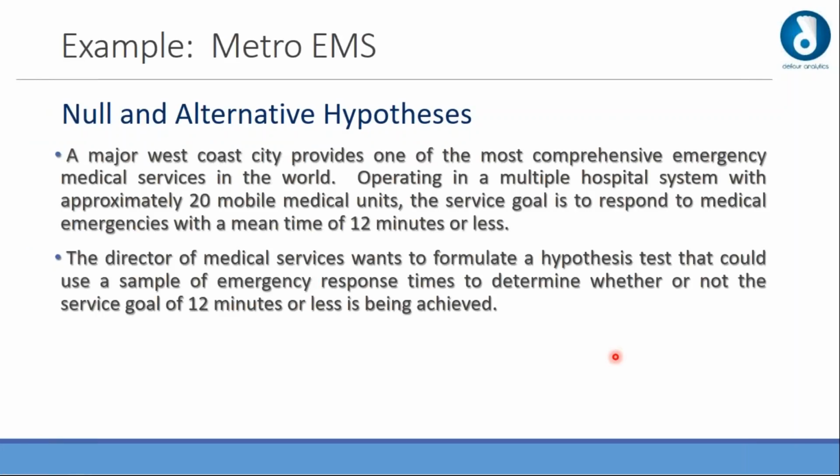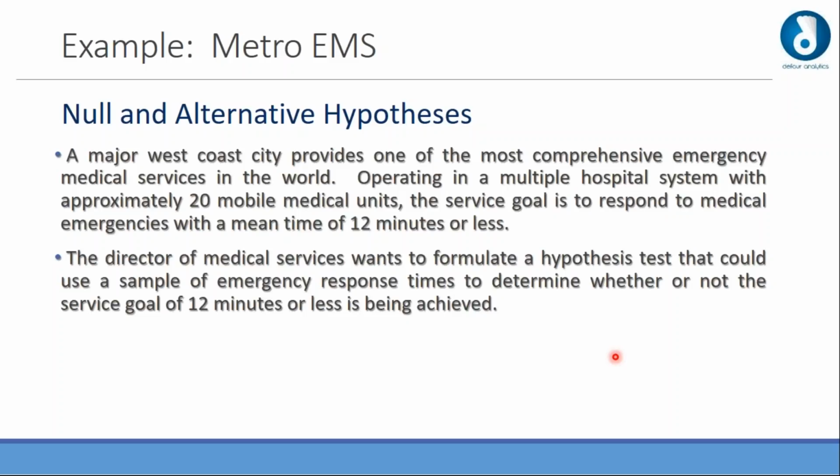So let's take an example where we'll be trying to develop null and alternate hypothesis. It's a major West Coast city which provides one of the most comprehensive emergency medical services in the world. So it is a hospital system. It operates ambulances, and they are claiming that their response time for the ambulances to reach their patients is 12 minutes or less.